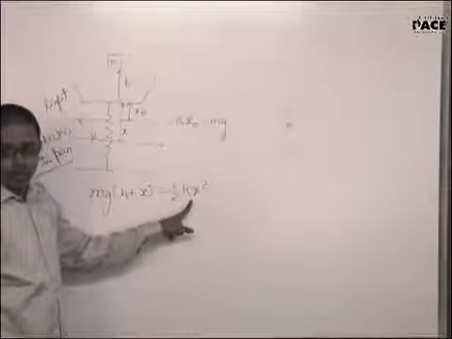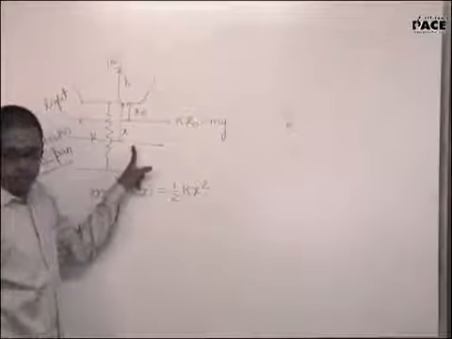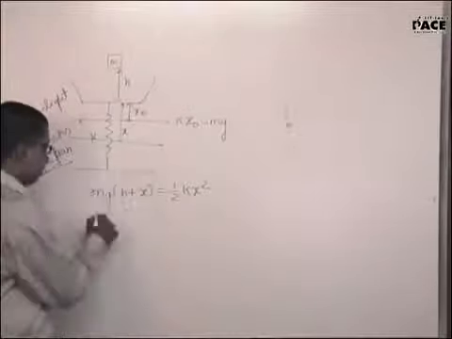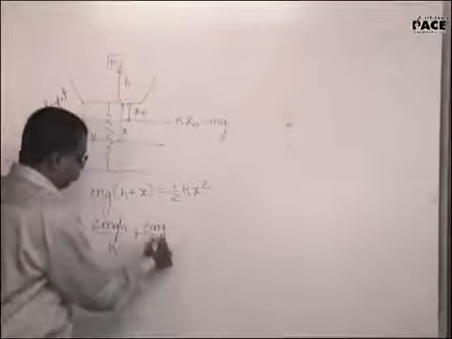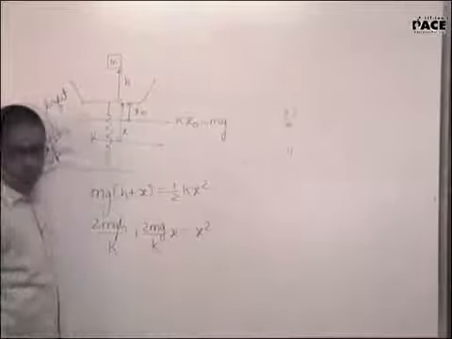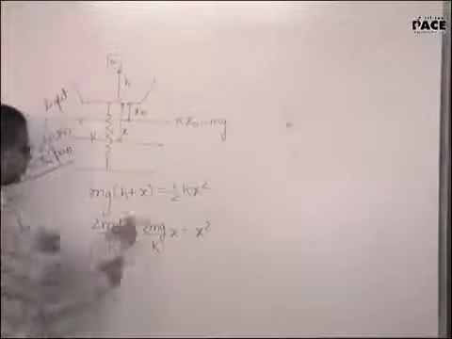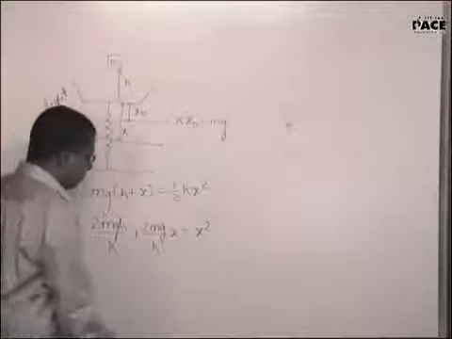Yes, sir. Right? Only then I can tell you that it comes to rest here. Now this will be 2mgh by k plus 2mg by k into x is equal to x square. I just multiplied with 2 all throughout and divided by k.